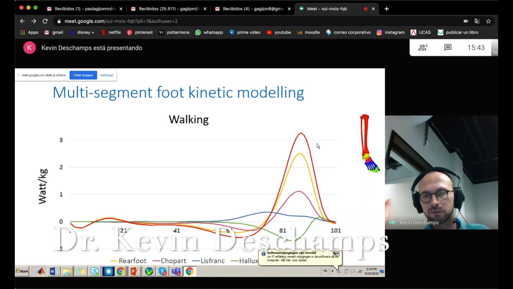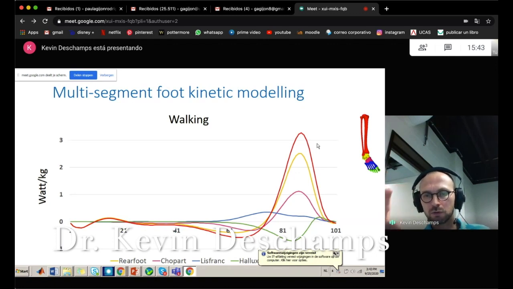The origin of that overestimation comes from the fact that the plantar flexion angular velocity during propulsion is overestimated. So this is one clinical added value of our multi-segmental kinetic modeling: that the overestimation has been revealed, first of all.